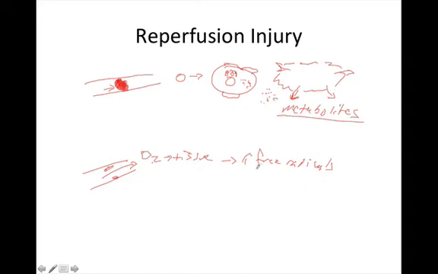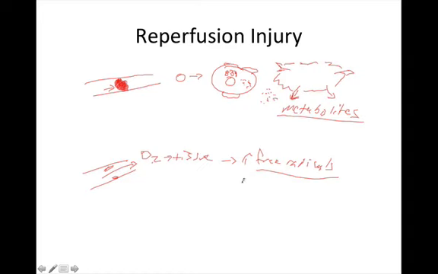These are very unstable compounds, primarily oxygen-based, that are missing an electron, and in order to balance their own equations, they react with other molecules inside of cells and tissues.